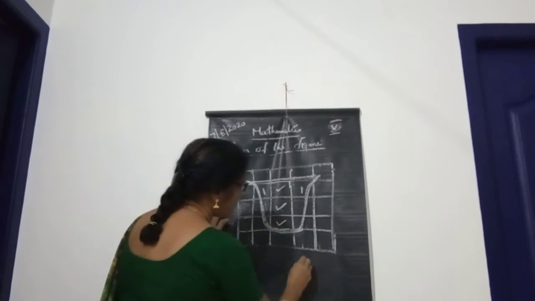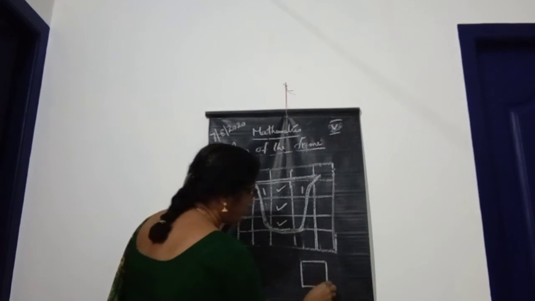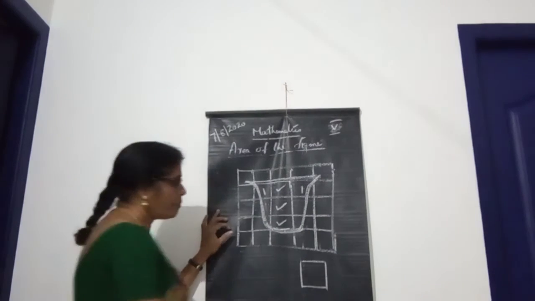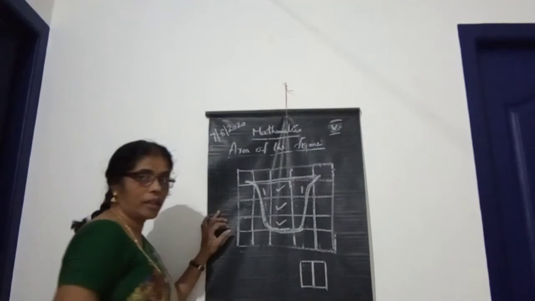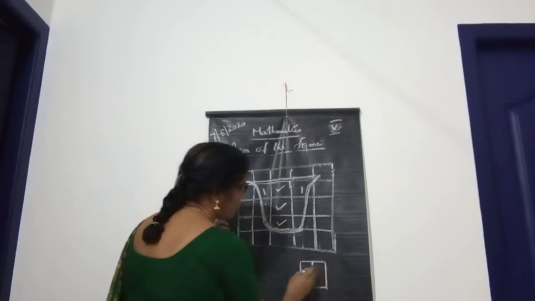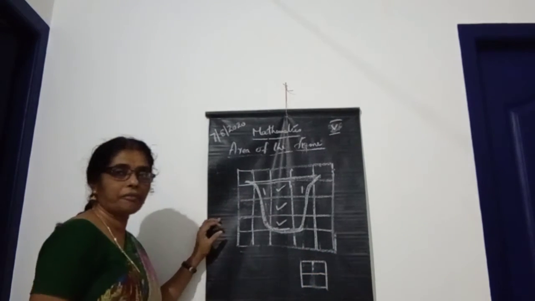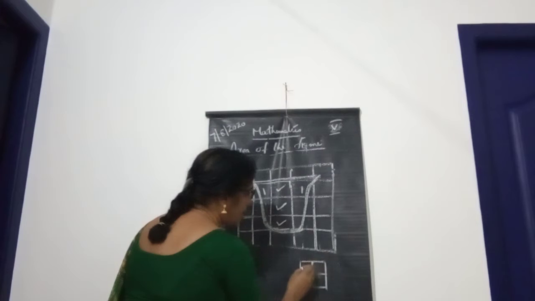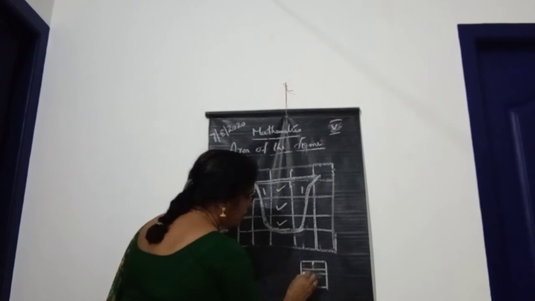More than half means, look at this. This one is the square, and this means half of the square, isn't it? So this part is more than half of the square.